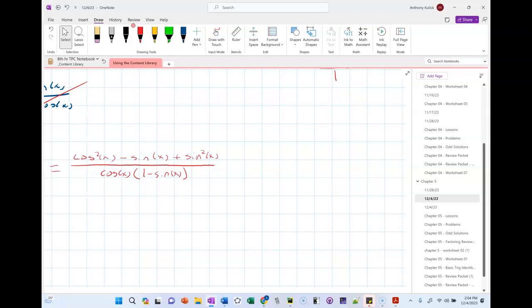There's no greatest common factor between cosine squared x, sine x, and sine squared x. So there's nothing to factor there. Obviously, there's no foiling to do. So what do we do? I look at my identities. Look at your identity sheet. See if you see something good to do.